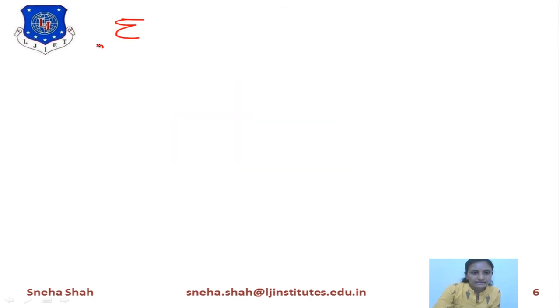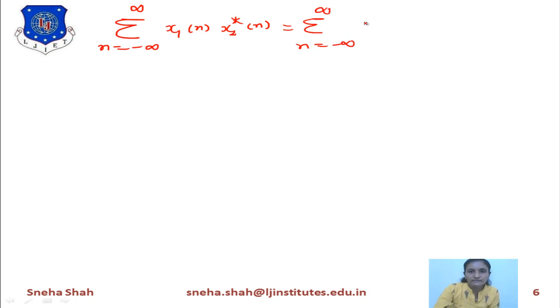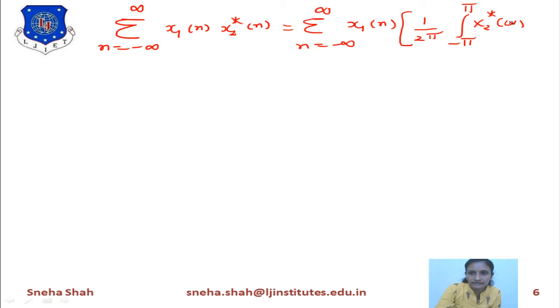So the next equation is summation n equals minus infinity to infinity x1 of n x2 star of n. Now in this we will put the value of x2 star of n, so the term becomes like this: summation n equals minus infinity to infinity x1 of n, and the conjugate term of x2 of n is represented as 1 upon 2 pi integration minus pi to pi x2 star of omega e raised to minus j omega n and d omega.